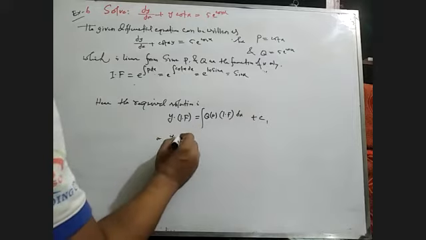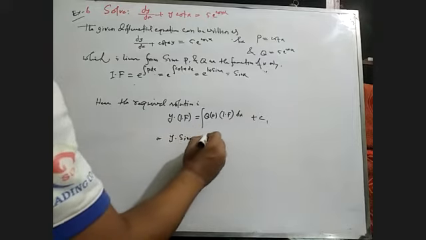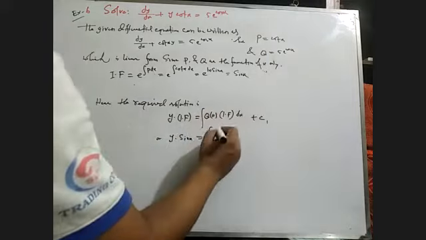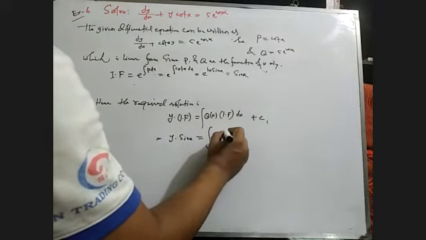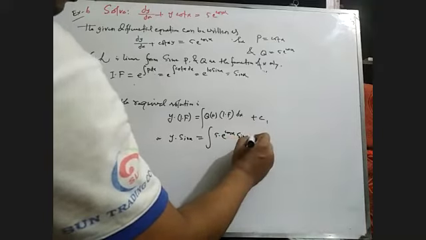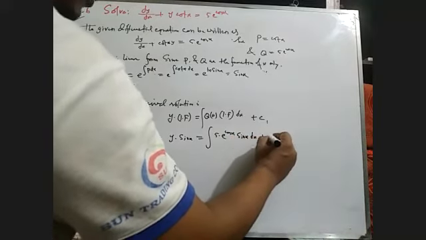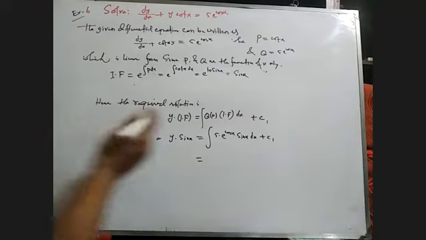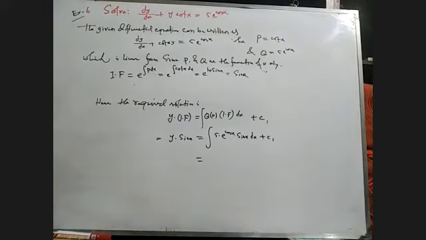So y integrating factor only sin x. This qx what? 5 e to the power cos x sin x dx plus c1. Now integration what will be? Cos x we have to take cos x equals to z.